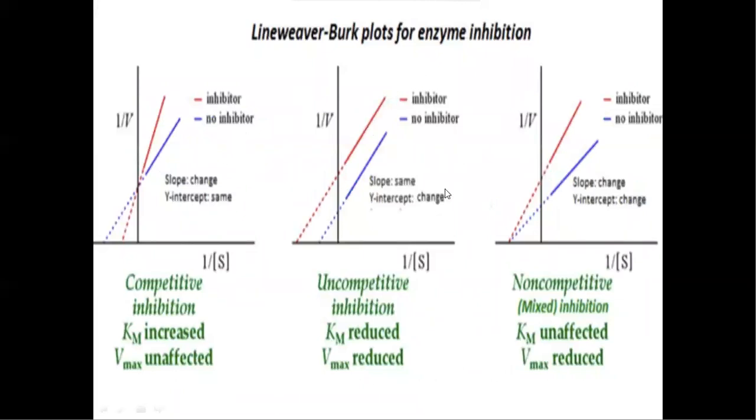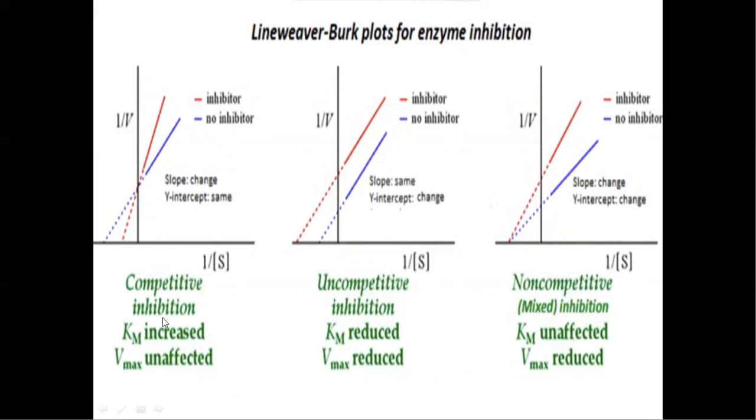And this Lineweaver-Burk plot is useful for identifying the different types of enzyme inhibition. We have three types of enzyme inhibition. The first one is competitive inhibition, the second is uncompetitive inhibition, and the third is non-competitive inhibition, which is also called mixed inhibition.